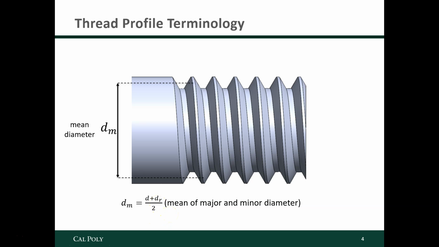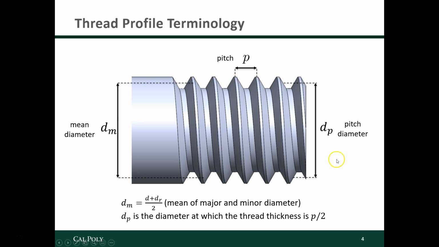Now we also have a conceptually distinct diameter that we call the pitch diameter, and we give that D subscript P, P for pitch. Now these turn out to be equal in many cases for many thread shapes, but they're conceptually distinct. The mean diameter is simply the average of the major and minor diameters, but the pitch diameter is the diameter at which the thread thickness, the distance from one side of the thread to the other, is 1/2 of the pitch.